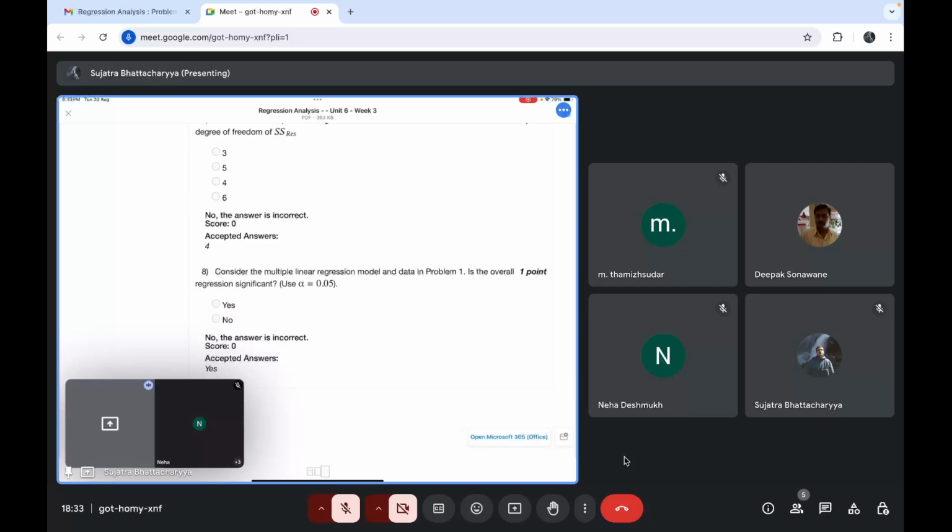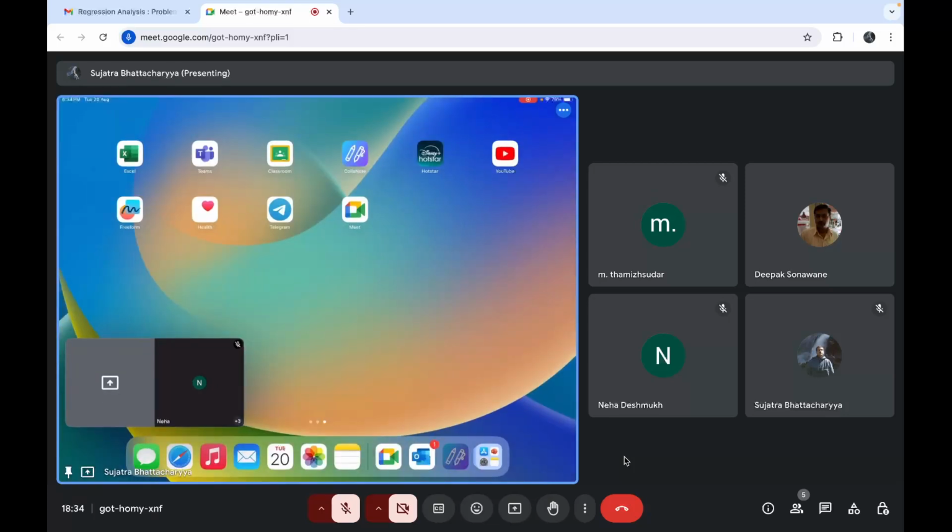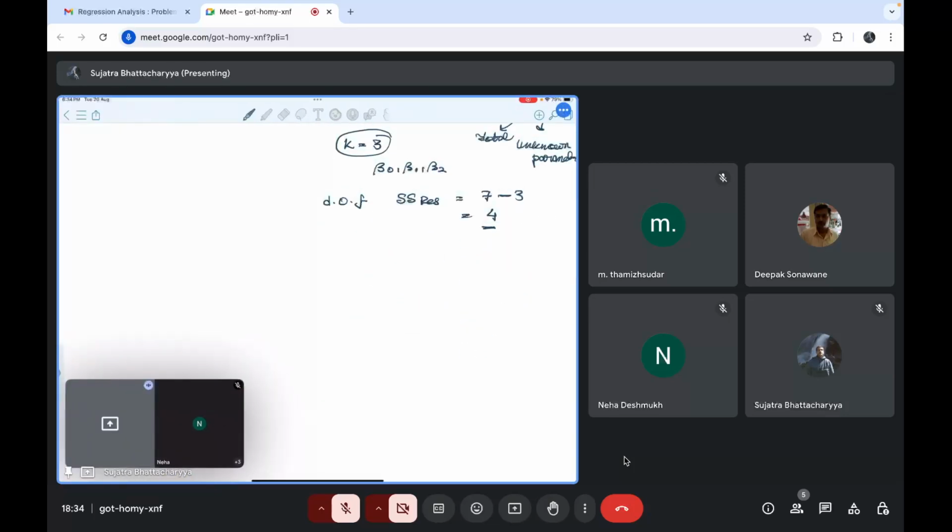And finally, one testing kind of thing is given. Consider the multiple linear regression model. Is the overall regression significant or not? For the overall regression, we generally use the F statistic. So question A is based on hypothesis testing of the overall regression.